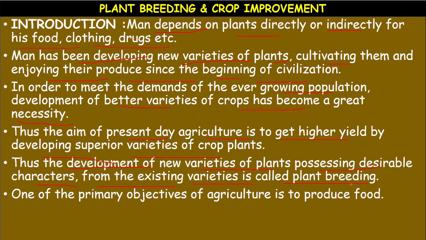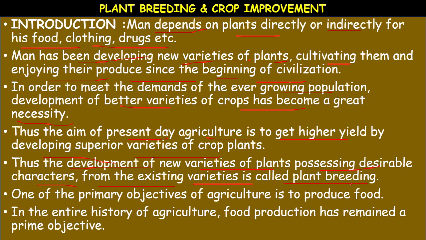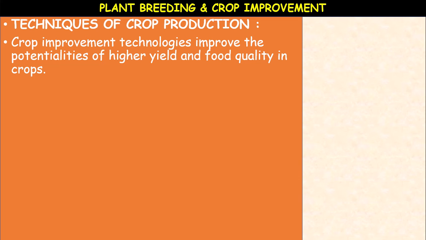One of the primary objectives of agriculture is to produce food. In the entire history of agriculture, food production has remained a prime objective. The techniques of crop production are very, very important.